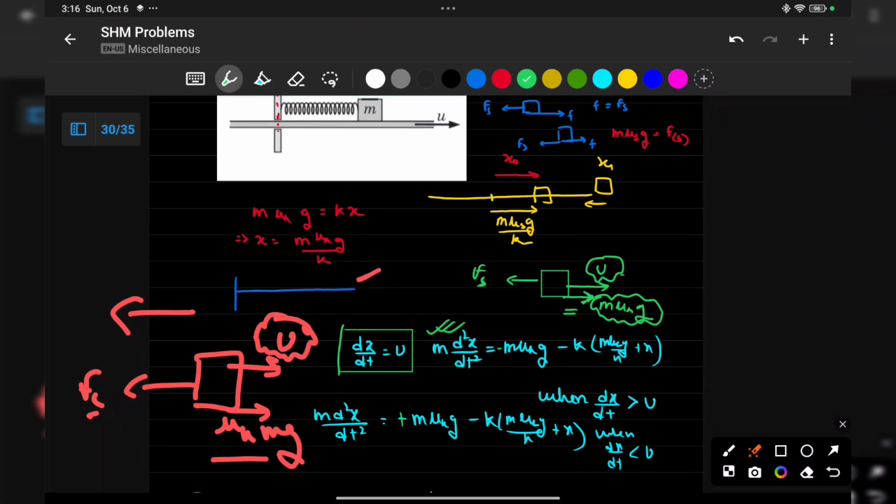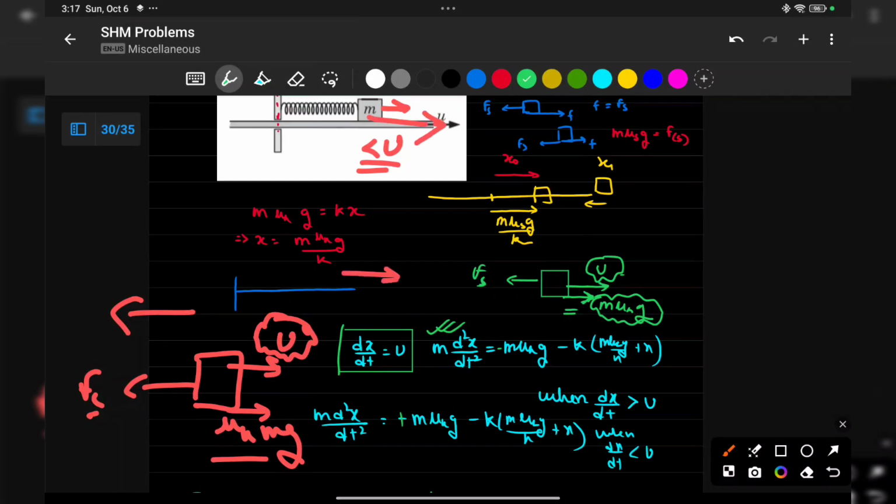So as you can see, the conveyor belt is moving with u velocity. So if there is a relative velocity of the block with the conveyor belt, only then friction will work, right? So this is moving with u and this is moving with less speed. Then the friction will try to increase its speed and it will work towards the forward direction.